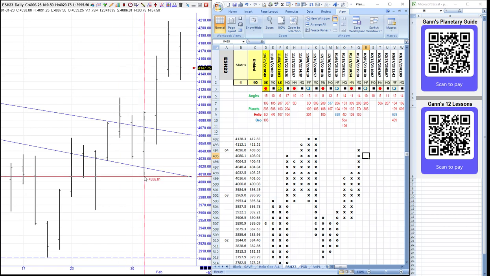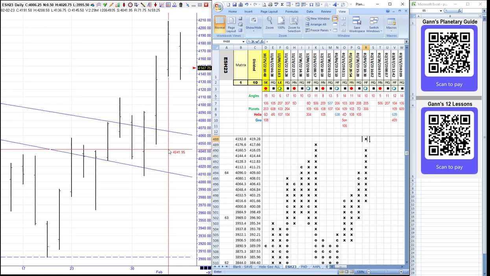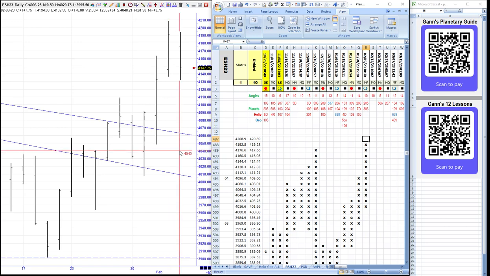So this is the low for the period. 40.07. $42.08 high. Now it got to 42.90. So I don't plot it up above that, right? Because it didn't get to it yet. 41.47 was the close.